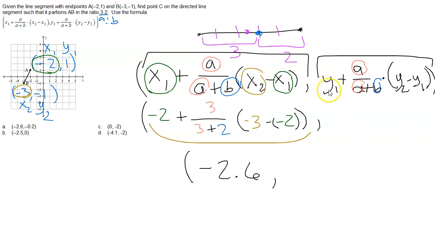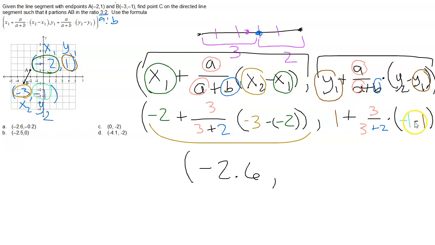Now let's find the y-coordinate. We replace again, but now with our y values. The first y value, y1, is the y-coordinate in the first parenthesis. So we have 1 in both those spots. We already knew a was the 3. We're using it again, plus b is the 2. And then we need to replace y2. y2 this time is -1.